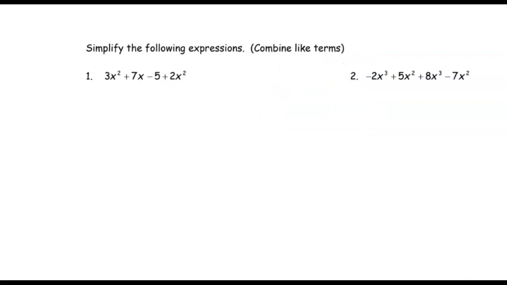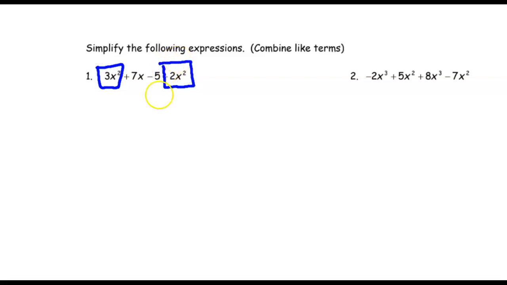Okay, so we want to combine like terms. So looking at our example number 1, we have 3x squared plus 7x minus 5 plus 2x squared. We're going to break apart our terms, and we're going to combine the like ones. So I see I've got 3x squared and I've got 2x squared.